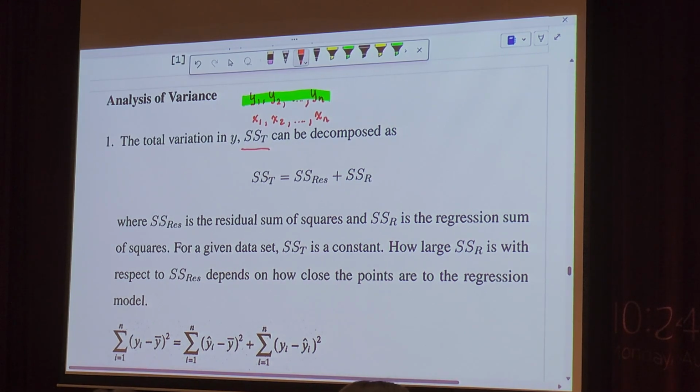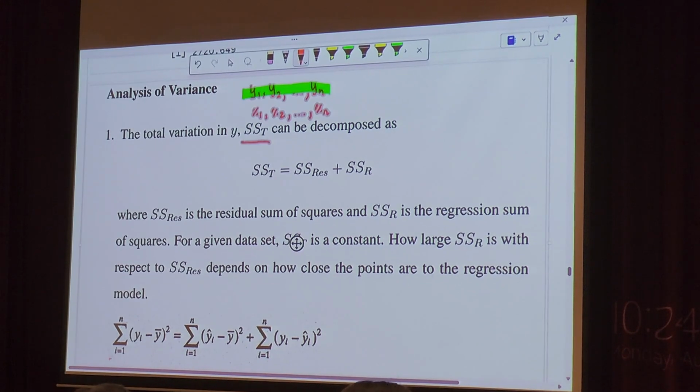SST is the corrected variation in Y. I've explained what is corrected, right? So SST, the total variation in Y, is this quantity right here.